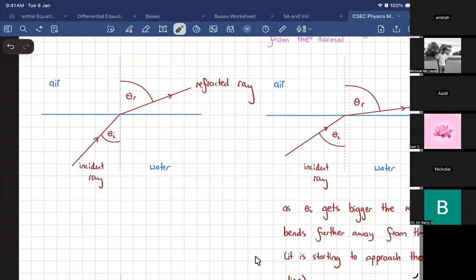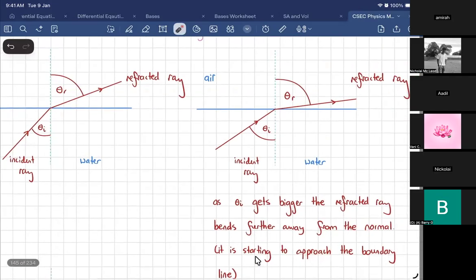It bends away from the normal. So if that is the case, which angle is going to be bigger, the angle of incidence or the angle of refraction? The angle of refraction.